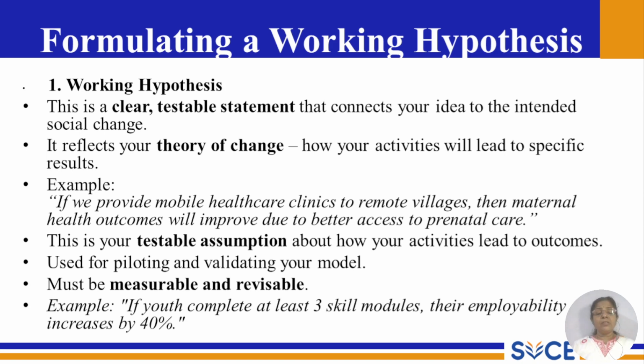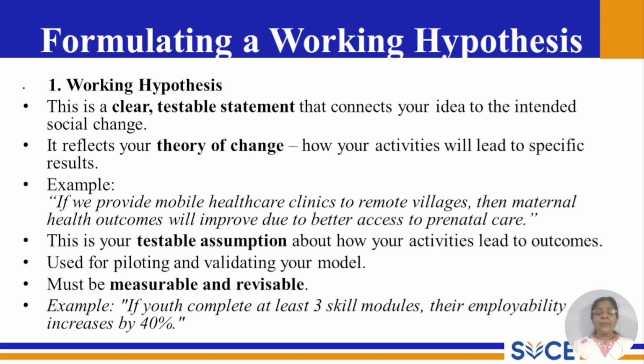Okay, so this is a testable assumption about how our activities lead to outcomes. So it is used for piloting and validating your model. It should be measurable and it should be revisable. Yes, so after getting feedback, we should be able to iterate, we should be able to revise. So the impact should be measurable also.